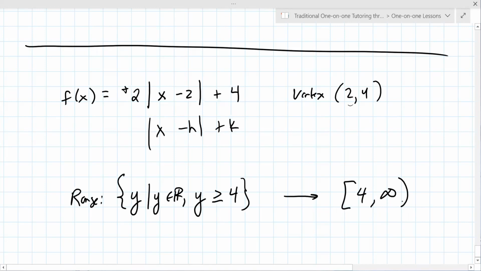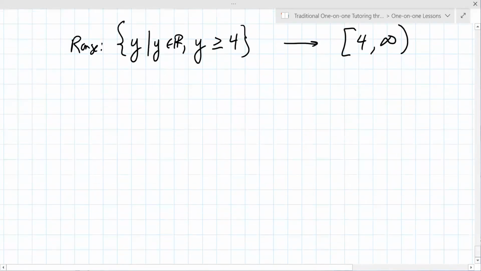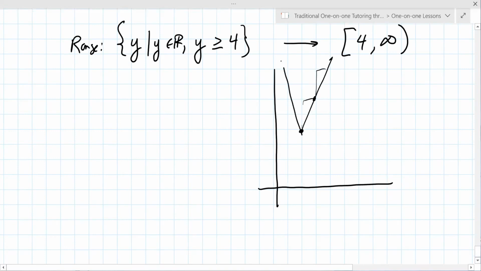So starting at 4, every number to infinity. Then to graph this, you go 2 over to the right, 4 up, and you multiply the y values by 2, so you end up having a slope of 2. This doesn't scale well, but something like that.